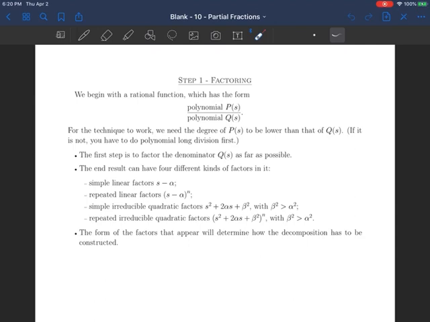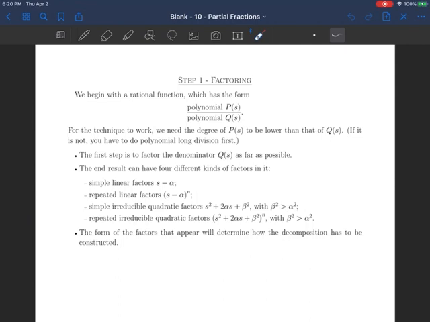You may or may not realize that when you are factoring something over the reals, there are only a certain number of things that can come out at the end. If you've done it all the way down, then you really only have two kinds of things. We're going to break it up into four different kinds of things that can happen. The first thing that can happen is the standard thing, the thing that you most want to happen, which is that you can have a simple linear factor.